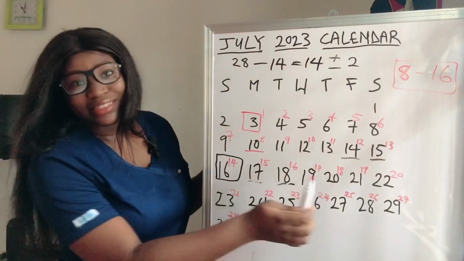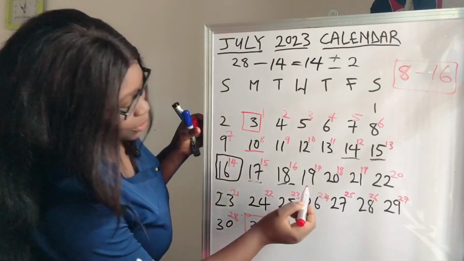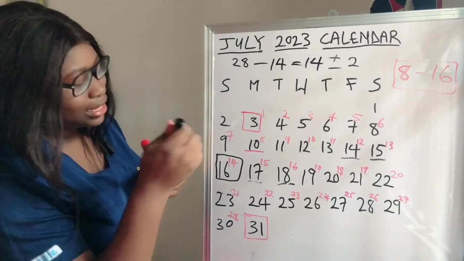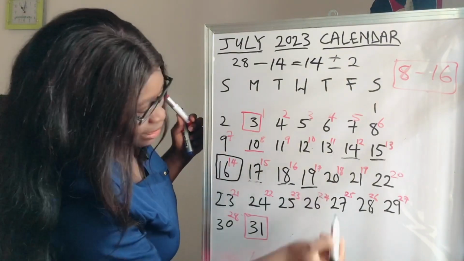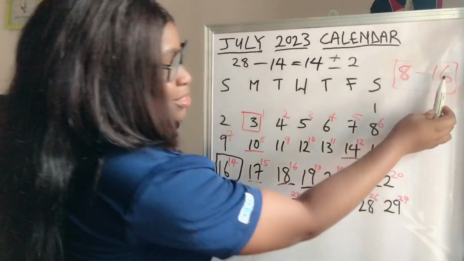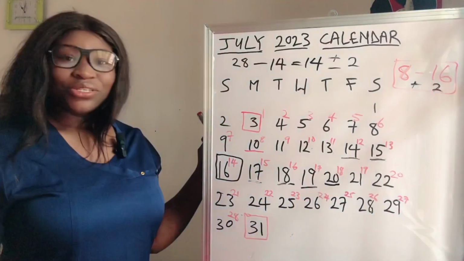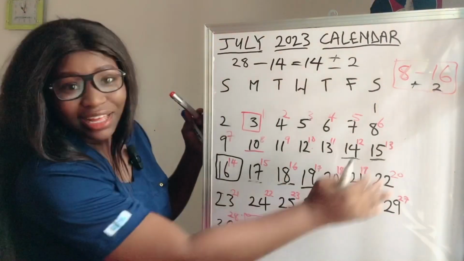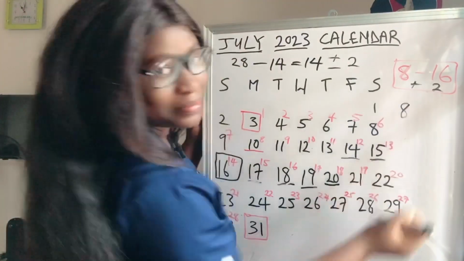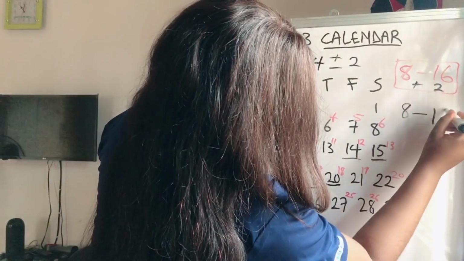So we extend it by 2 days. Now you add day 17 and day 18. So the last number, you add 2 days. So let's say her fertile period starts from cycle day 8 to cycle day 18.